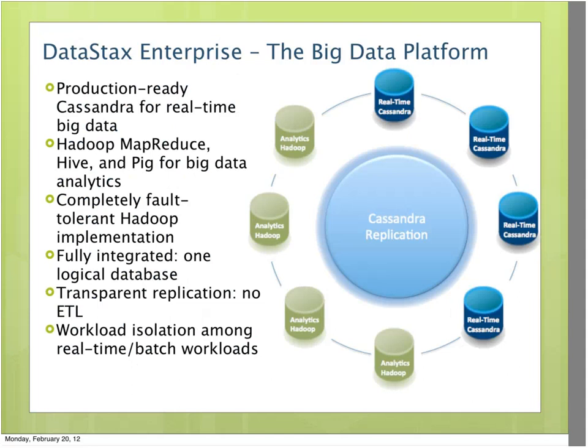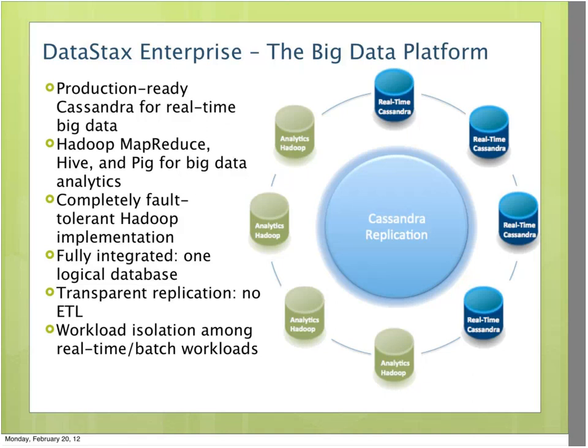What DataStax has done around Cassandra is build on top of it a data platform called DataStax Enterprise. And what we're doing right now with DataStax Enterprise 1.0 that we launched last year is marrying the real-time power of Apache Cassandra with the analytical flexibility of Hadoop.